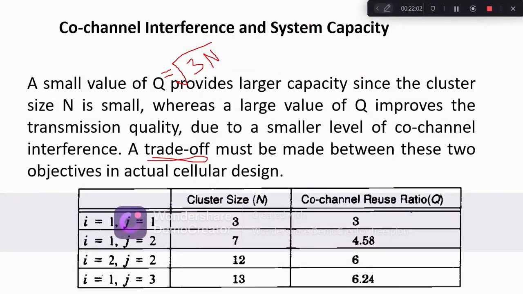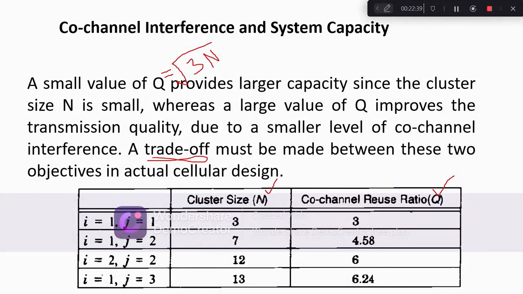So if you just use this formula, Q equals the square root of 3n, you will find the value of Q for different n. If i equals 1 and j equals 1, by the formula n is equal to 3. The formula is i squared plus j squared plus ij, and that gives you 1 plus 1 plus 1, which is 3.